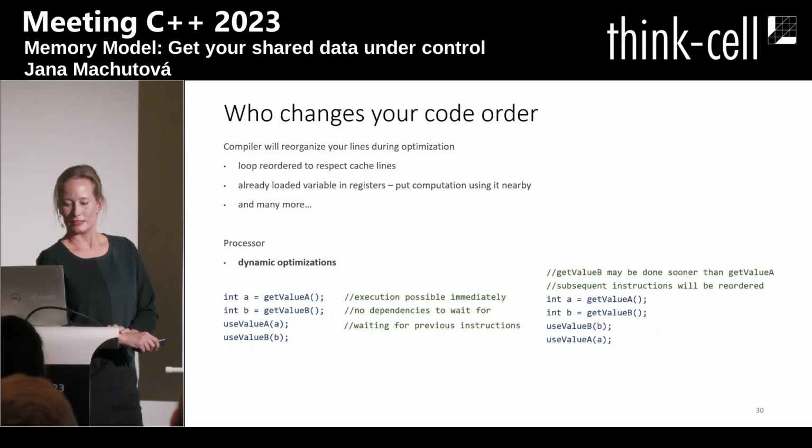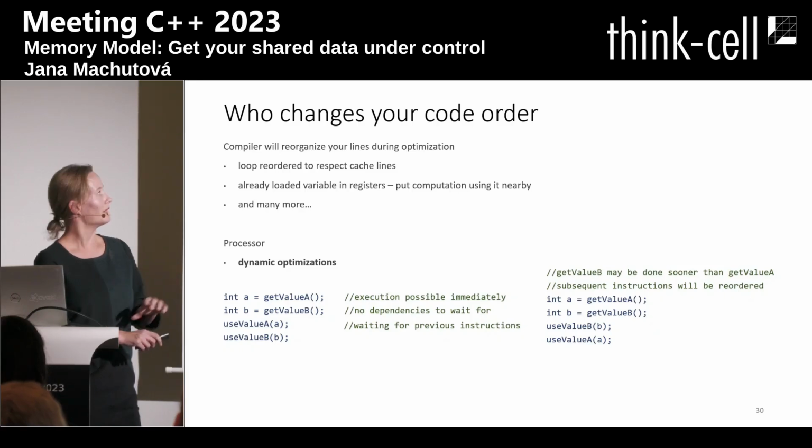There's another one who can change your code order, and it's the processor. It's in charge of dynamic optimizations, which means that if you have those 4 instructions here, getting value A, getting value B, and then using them, then even if it's written in this order, you may get the result from getting value B sooner.